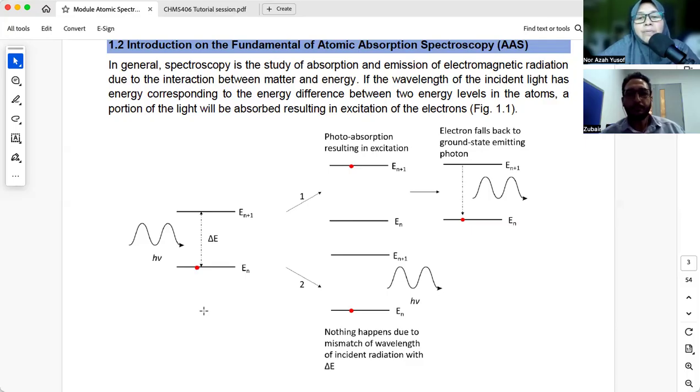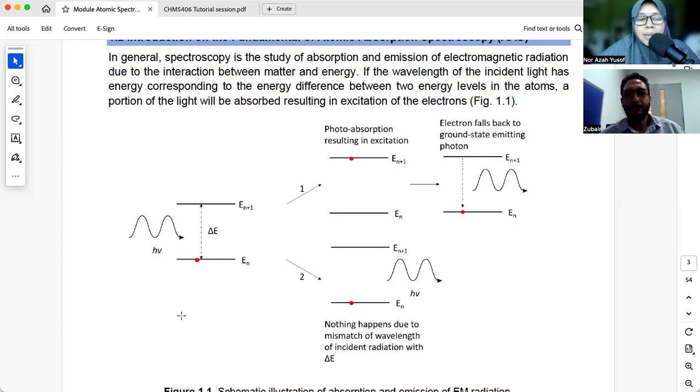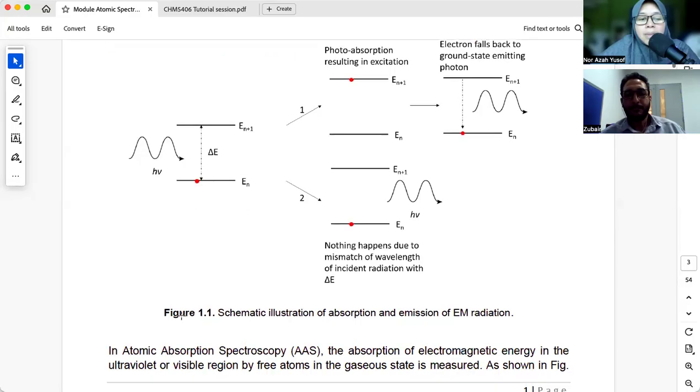If you use the wrong cathode lamp and try to analyze a different element that's not supposed to be, then it will not happen. You cannot get the reading. So the specificity of the photon provided by the hollow cathode lamp is very important to be correct. Okay, so this is what we have discussed.